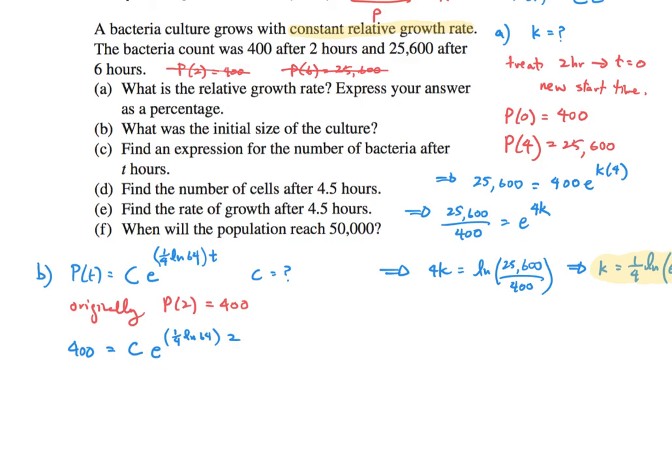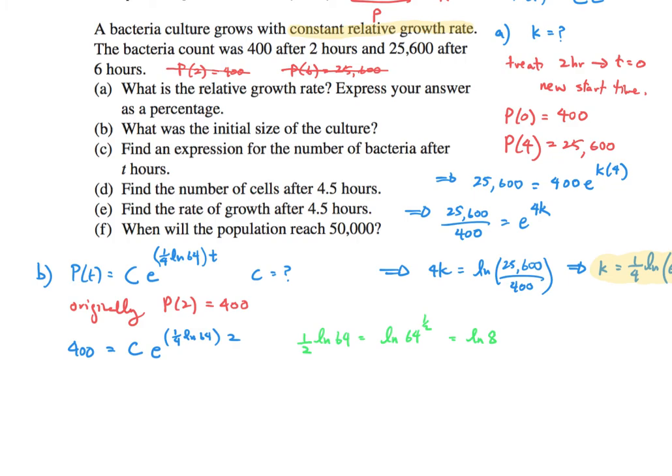Let's simplify this exponent off to the side real quick. First, notice that 2 times 1/4 is equal to 1/2, so the exponent becomes 1/2 natural log of 64. Now I can use the power law of logarithms. That's the natural log of 64 to the 1/2 power, and the square root of 64 is 8, so this becomes natural log of 8.